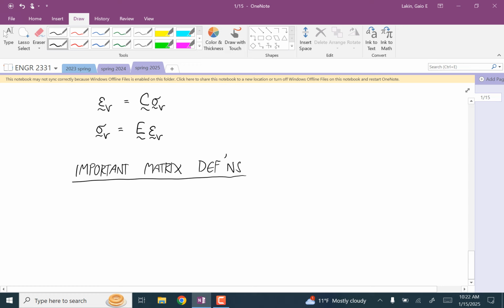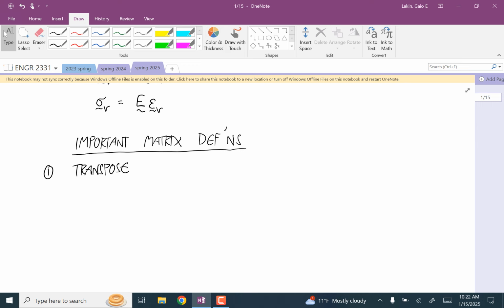The first one is the transpose. If you have a matrix B that's the transpose of a matrix A, what that means is the element ij of A is equal to the element ji of B. This should be lowercase b.